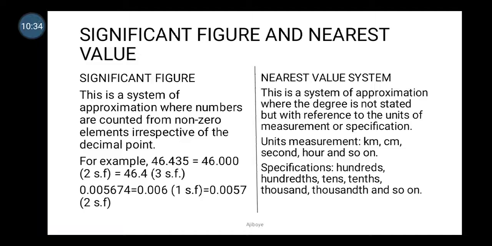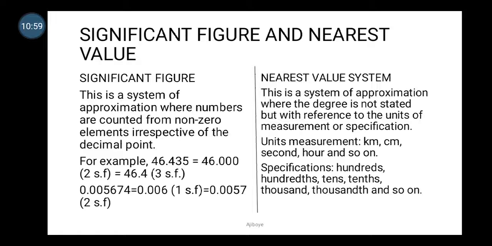Yes, we can do approximation to the nearest value system as well. This is a system of approximation where the degree is not stated, but with reference to the units of measurement or specification. For instance, the units of measurement can be kilometer. You can say to the nearest kilometer, to the nearest centimeter, to the nearest second, to the nearest hour, and so on.